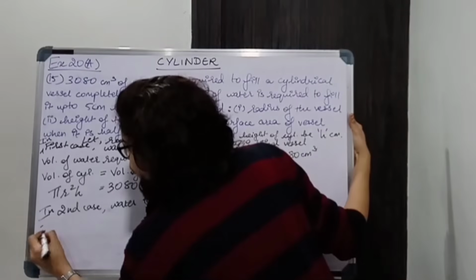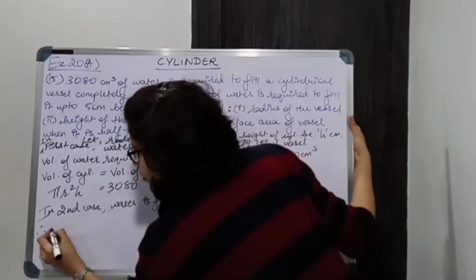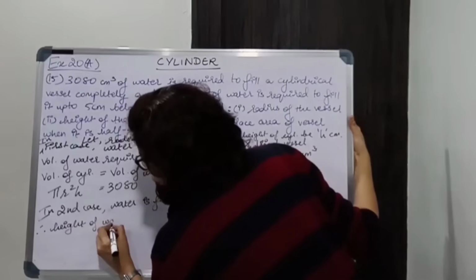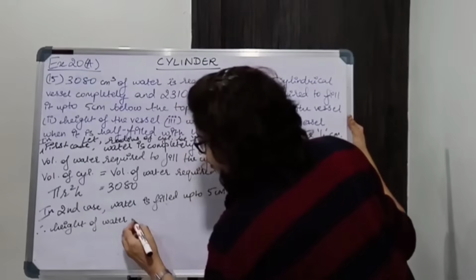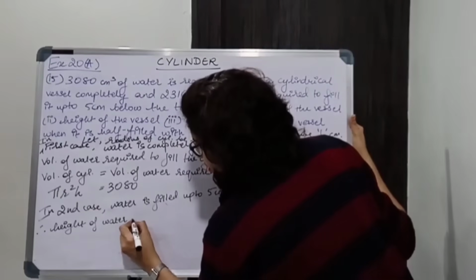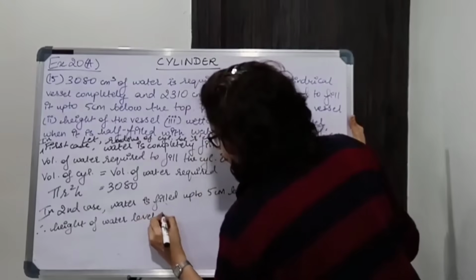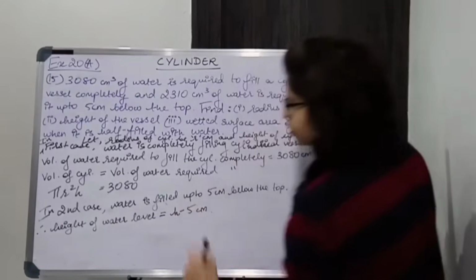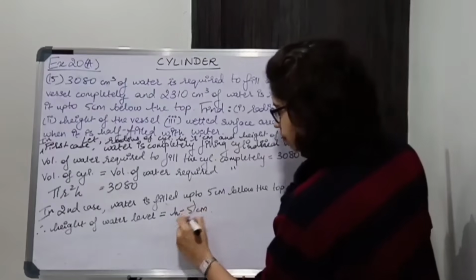So therefore height of water level is equal to h minus 5 centimeter.